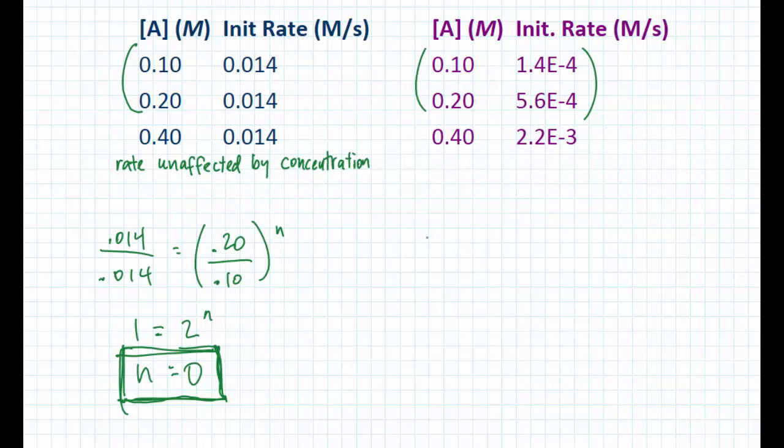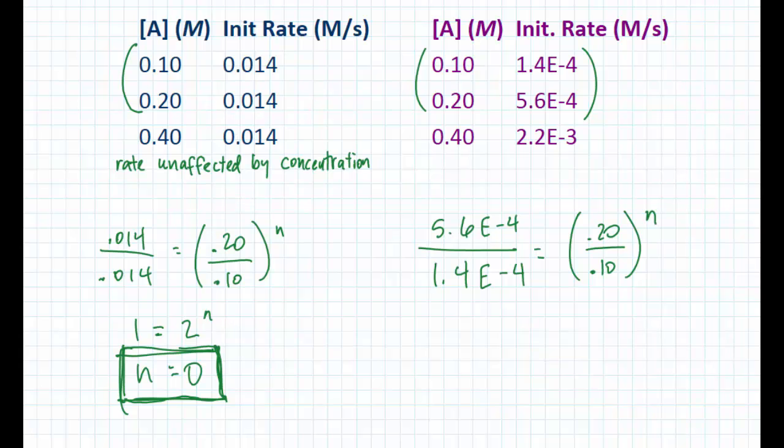So if we divide those two rates, 5.6 over 1.4, and concentrations 0.20 over 0.10, I can already tell you that 5.6 over 1.4 looks like 4 to me. n equals 2.